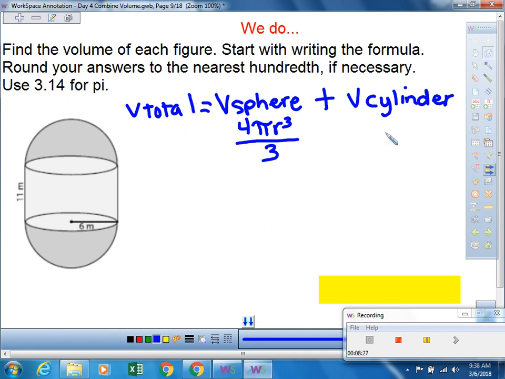And what's the formula for a cylinder? Pi r squared h. So you don't have to put the V equals on these ones, okay, because you already have it up here. You know you're doing the volume, so then we can just calculate. If you wanted to calculate half a sphere and half a sphere, could you? Yeah, but why would you?